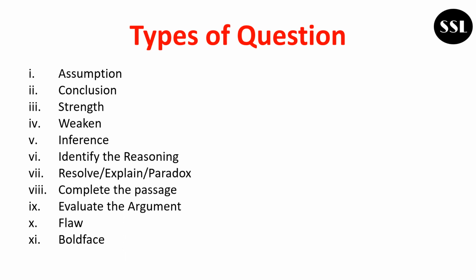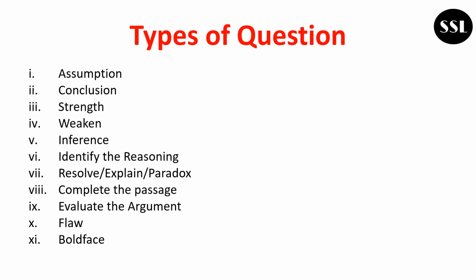The remaining topics are: identifying the reasoning, which means you have to identify the logic or reason given by the author behind the passage. Resolve and explain paradoxical situations. Complete the passage, where your argument starts with a blank or ends with a blank, and you have to choose the answer choice that logically completes the given argument.